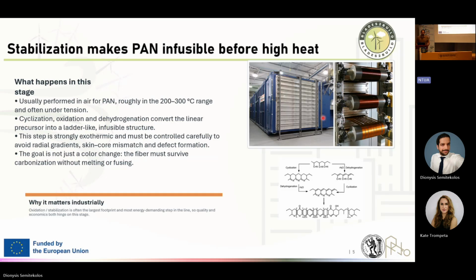Stabilization or oxidation is done in air, so normal atmosphere, and in a temperature range that rarely reaches 300 degrees. I think it is close. It starts from 180 and can go up to 220.